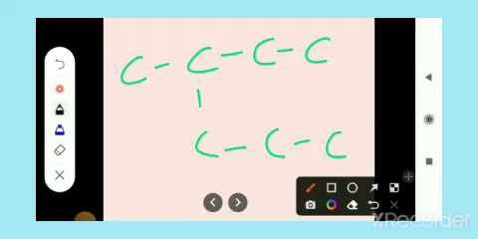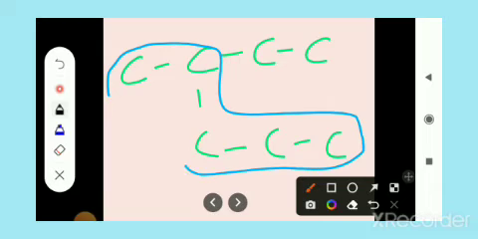Here I will take the longest chain like this. This is the longest chain, because these two are not having any connections with it. So no connection means we will not consider those as the longest chain carbon atoms. We will take this one.